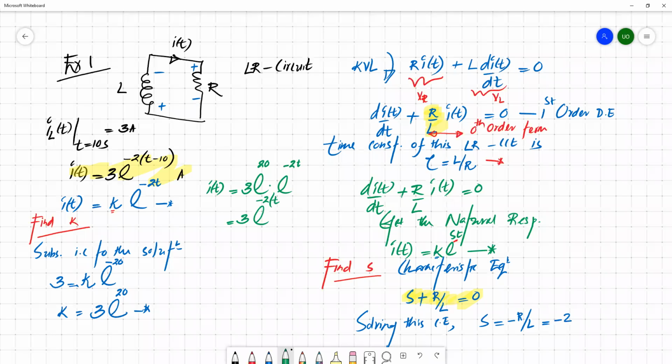So this e to the power 20 can be accommodated like this: you have e to the power minus 2t into e to the power plus 20. So this is your current. So this is the natural response of the circuit.